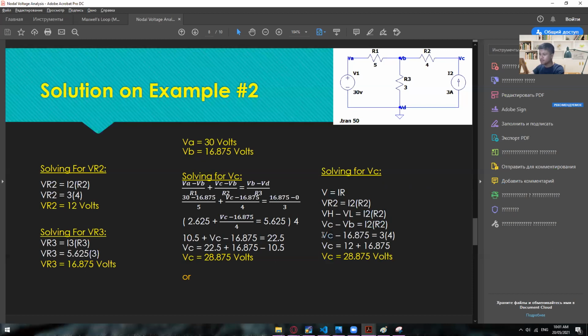And right here, VC minus VB, which is 16.875, is equal to 3 for the I2 and then 4 for the R2. And then again, just solve this one and then just transpose this one on the other side. You will get 12 plus 16.875, which will give us the same answer, 28.875 volts.